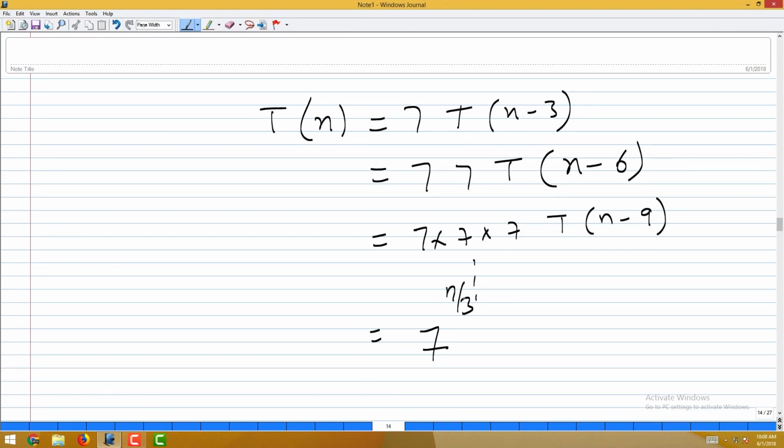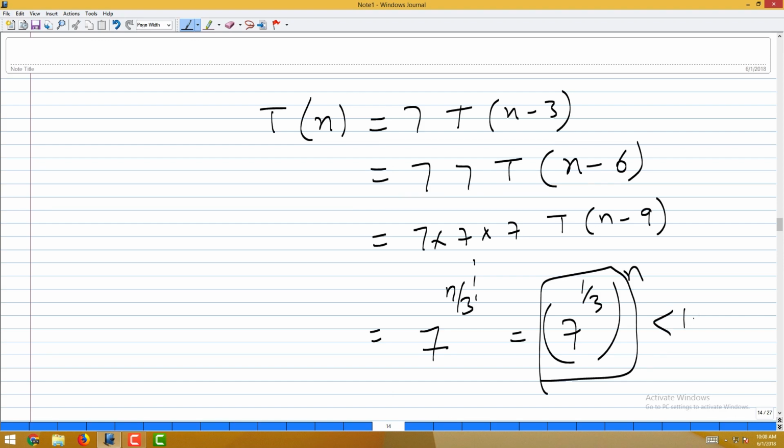So, 8 power n by 3 is 2 power n, and I managed to get 7 power n by 3. So, this is actually 7 power 1 by 3 whole power n. So, this is strictly less than 2, because 8 power 1 by 3 is 2. Okay. So, now I got an asymptotic improvement to this algorithm. It is no longer 2 power n, it is some 1 point something. I do not know, does anybody know what 7 power 1 by 3 is? My guess would be something.